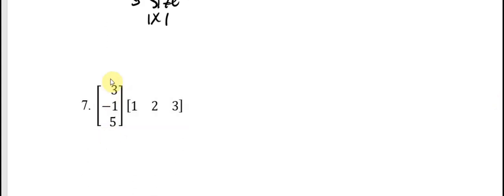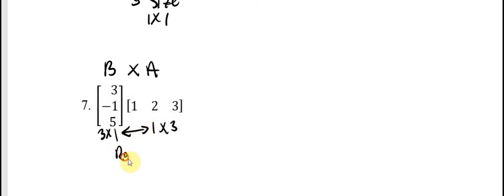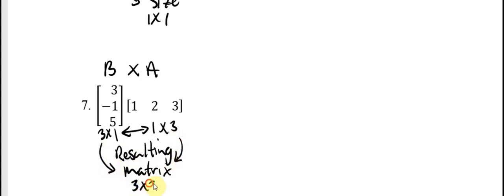And then this is B times A. So this is a 3 by 1, and this is a 1 by 3. Those inside numbers must be the same, so the resulting matrix is a 3 by 3.